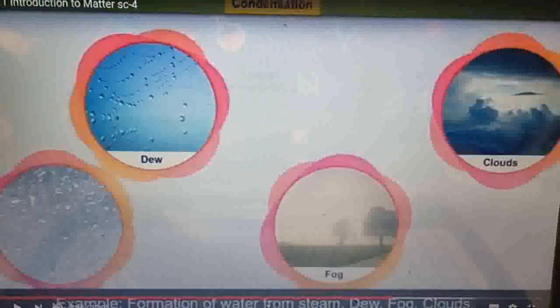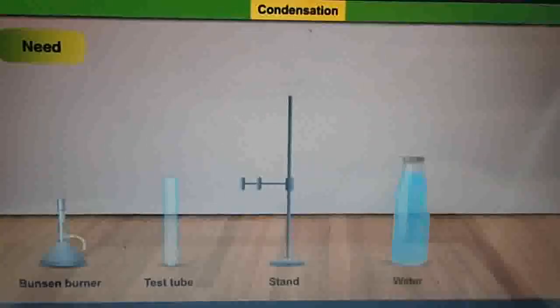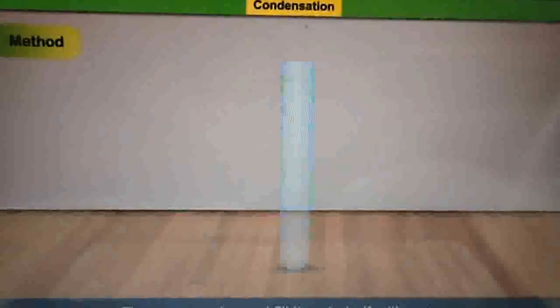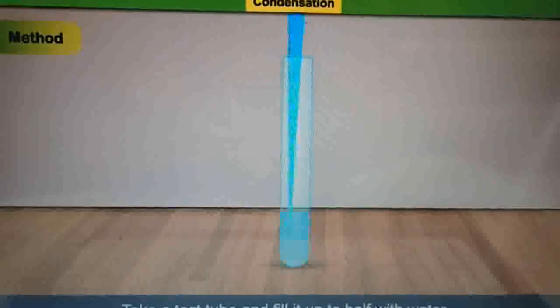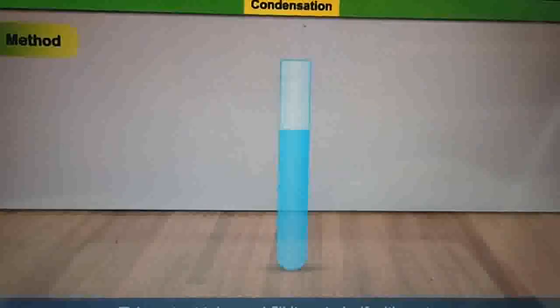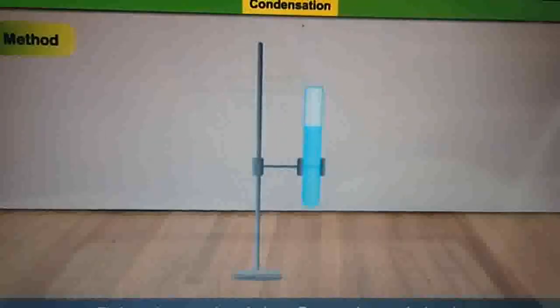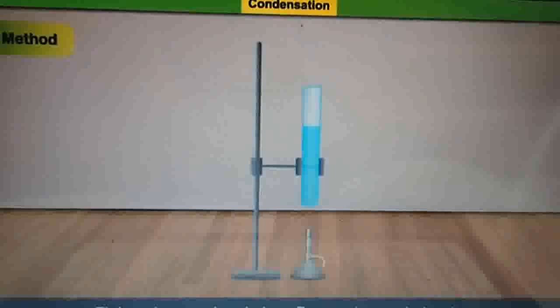Now let us continue with our activity. What is the aim of the activity? To understand the process of condensation. What is the material needed? Bunsen burner, test tube, stand, water and cork. Method. Take a test tube, fill it with water, then hold it in a stand and heat it.